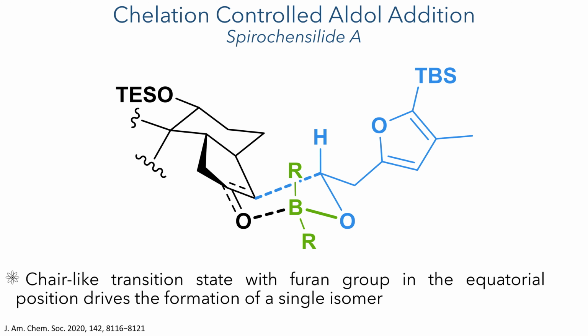By examining the transition state, we can see that the chelation of the boron by the two oxygen groups allows for the formation of a chair-like transition state, where the furan group is in the equatorial position, which minimizes 1,3-diaxial interactions. It is this chelation that drives the formation of a single isomer.